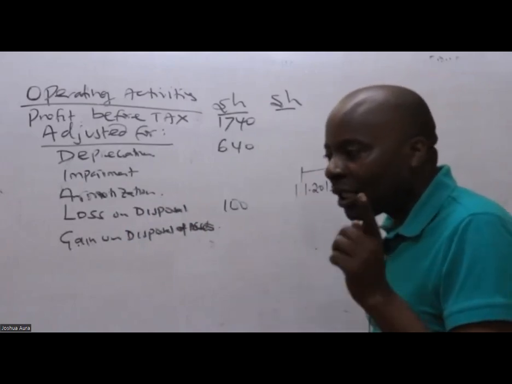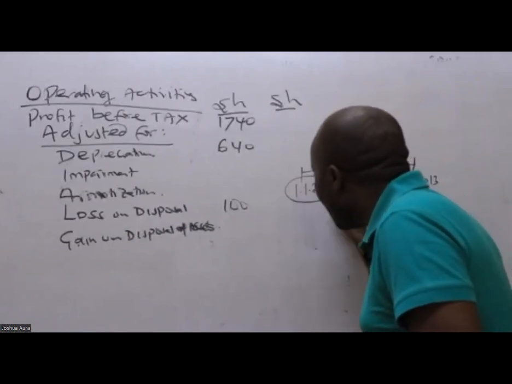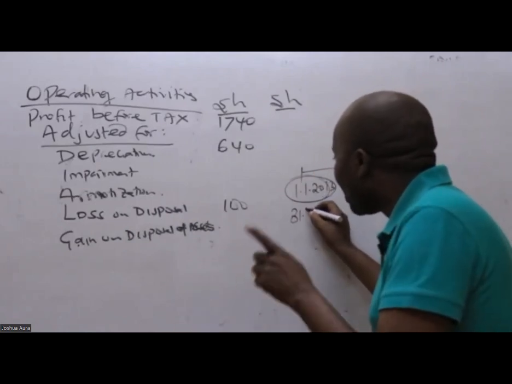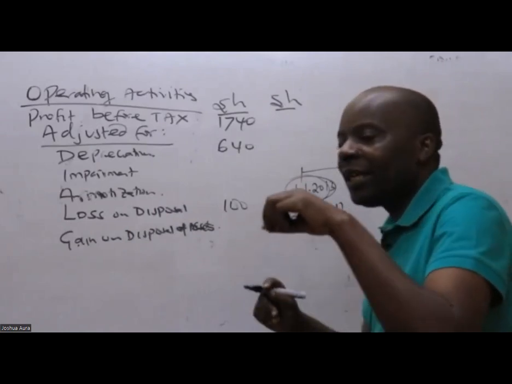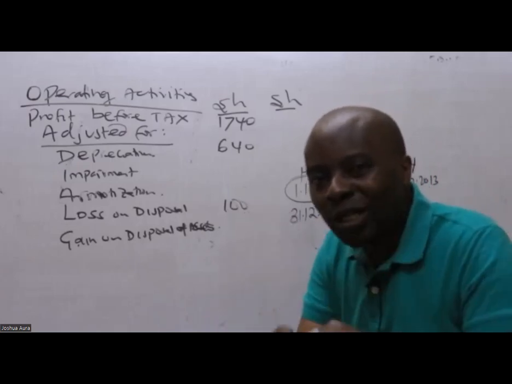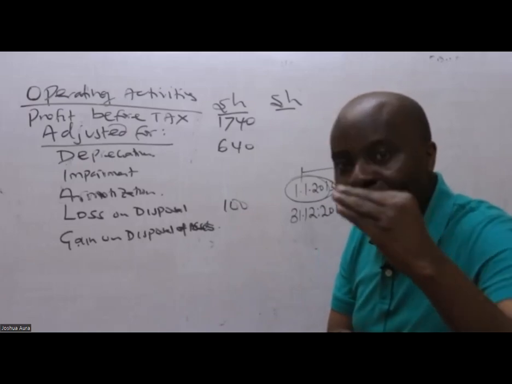Why? Because the start of this year is automatically the end of last year, 31/12/2012. So the 2012 figures are opening balances, their balances brought down.